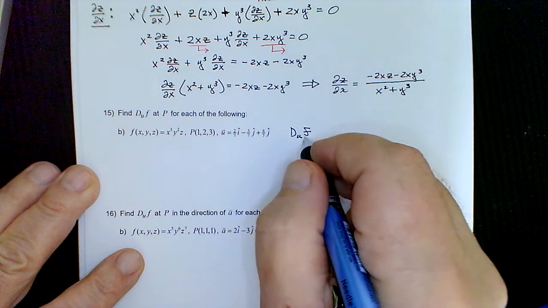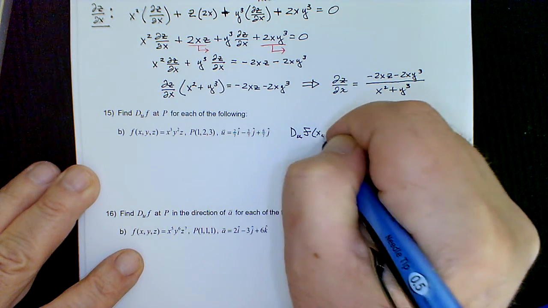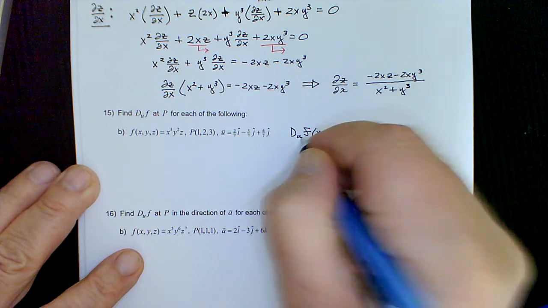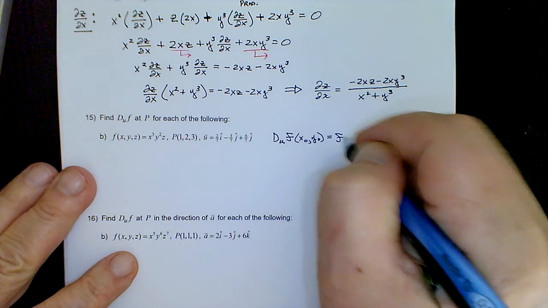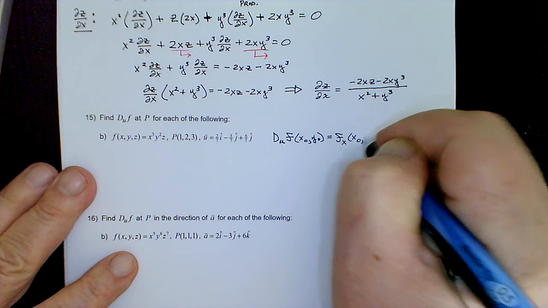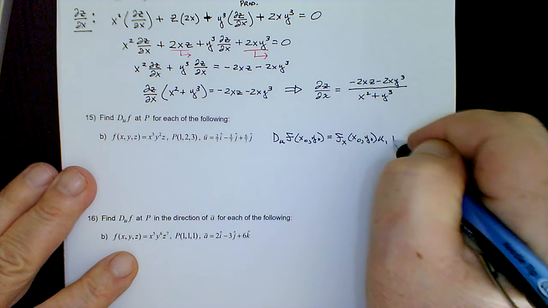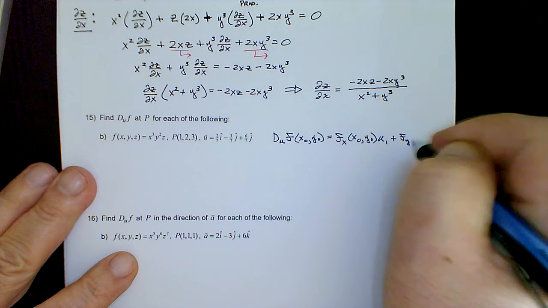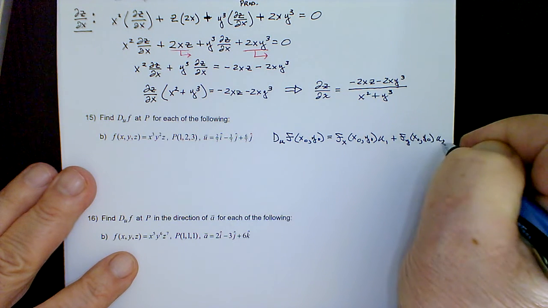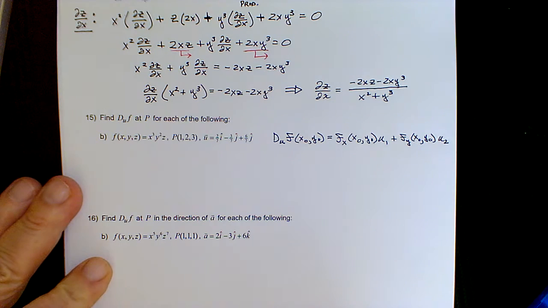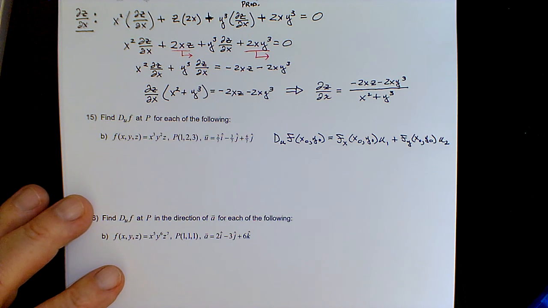The formula for the directional derivative of the function at a point in the direction of u is equal to the partial of f with respect to x at the point times u1, and the partial of f with respect to y evaluated at that point times u2. But it's important to note that u1 and u2 are the components of the unit vector.